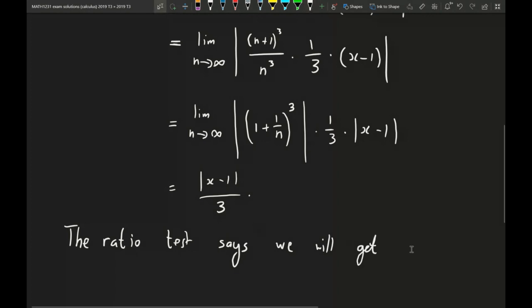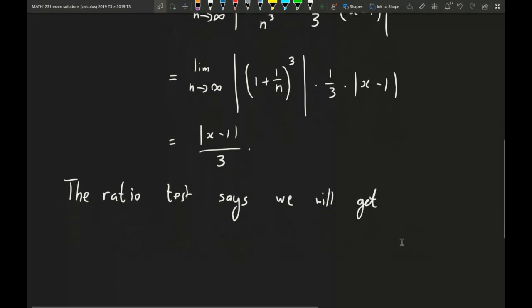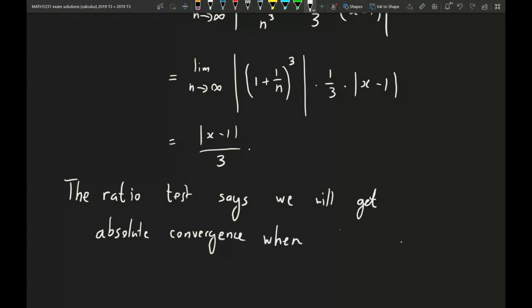And in fact, we're not just going to get convergence, we're going to get absolute convergence. So it'll be an absolutely convergent series when that is strictly less than 1.